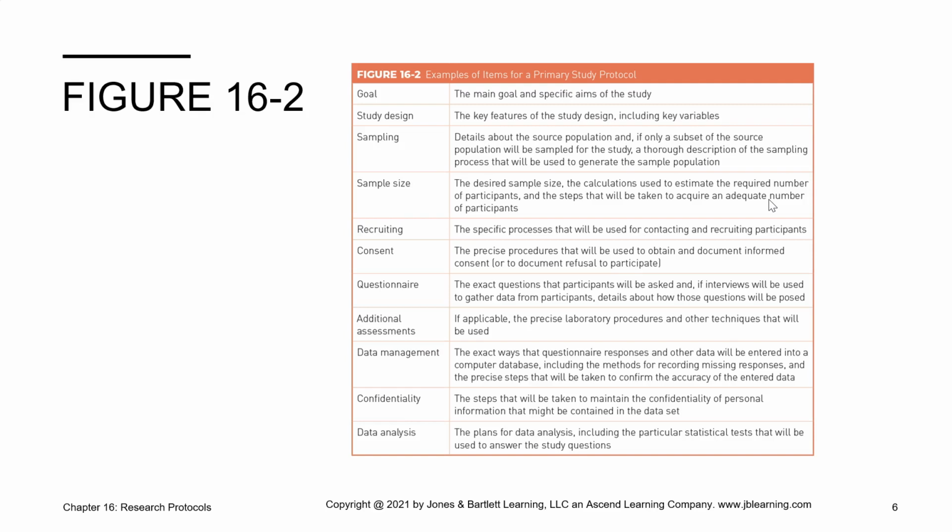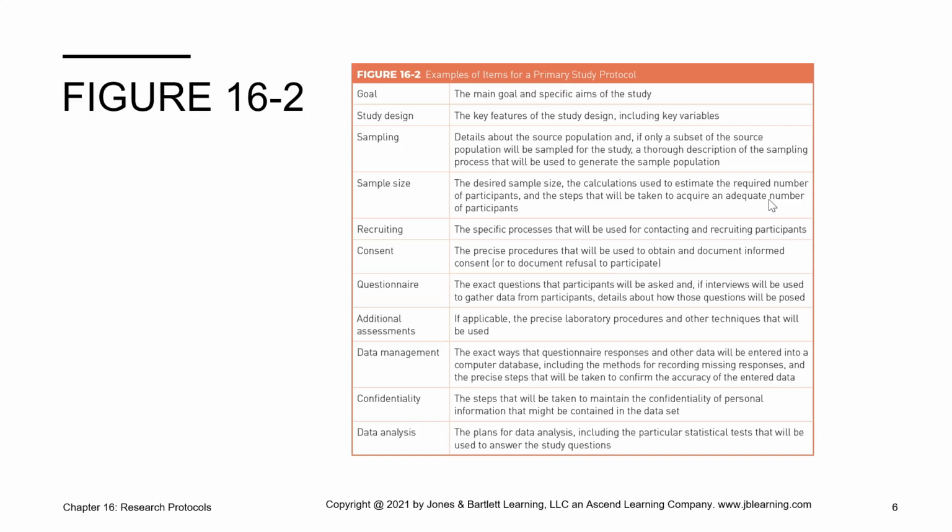Figure 16.2 goes over some examples of items for primary study protocols. So, for example, the goal that is included in a primary study protocol is the main goal and specific aims of the study. You also want to include the study design, which has details on the key features of the study design and key variables.